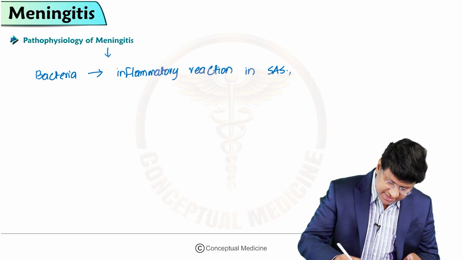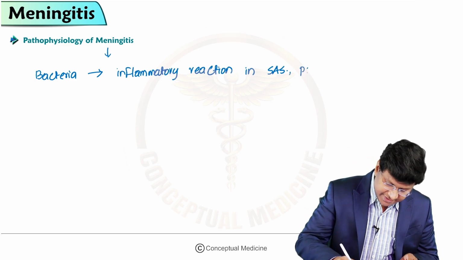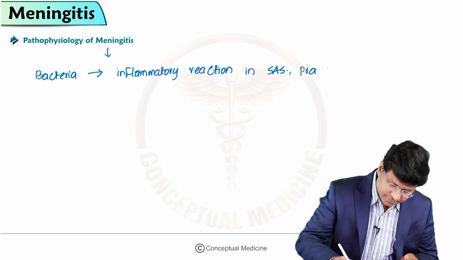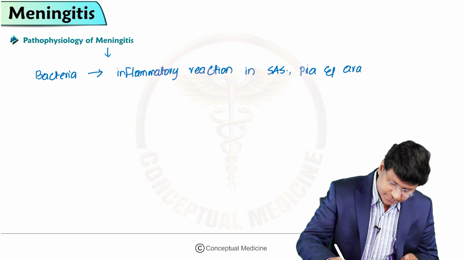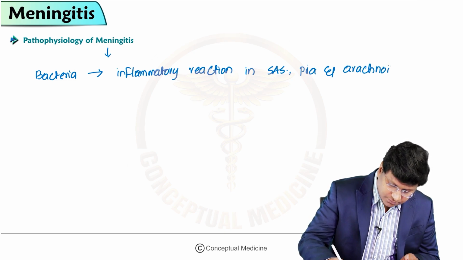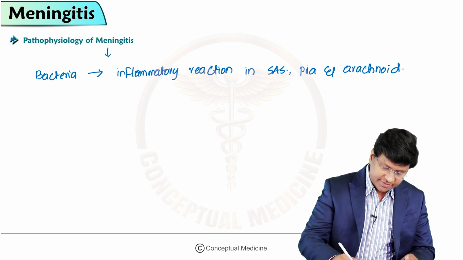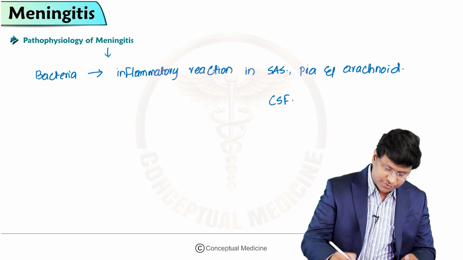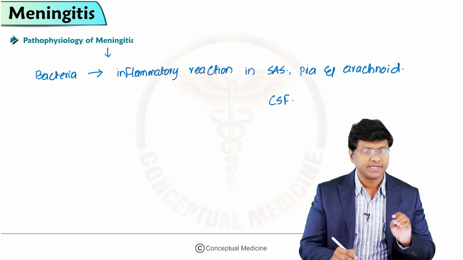Not only in the subarachnoid space, the bacteria will also cause inflammatory reaction in the pia mater as well as the arachnoid mater, and apart from that, even within the cerebrospinal fluid. That is what the bacteria or other microorganism does.